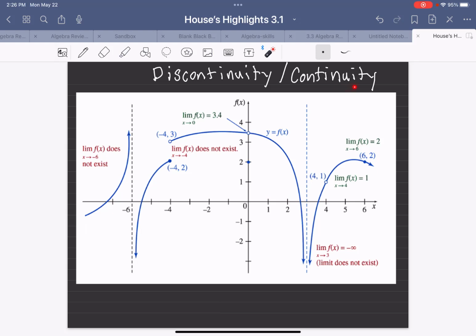And the flip side of that is everywhere it's not discontinuous, it's considered continuous. So for example, this graph is continuous between 0 and 3, not including 0 and not including 3, because I can draw my graph without picking up my pencil from 0 to 3, not including those endpoints.